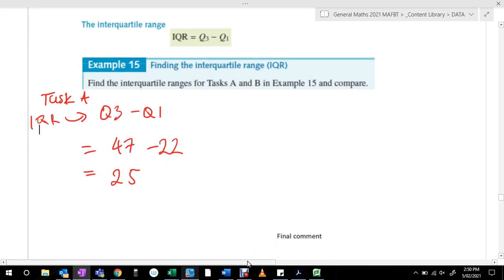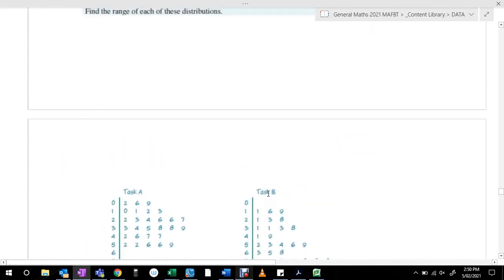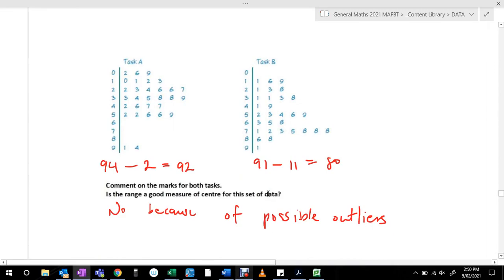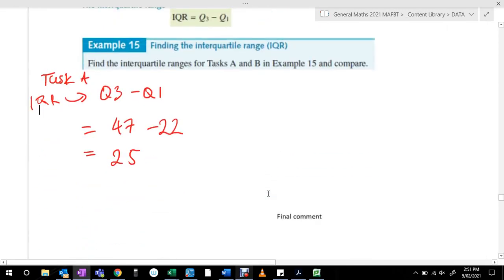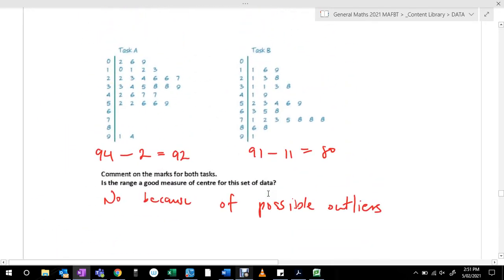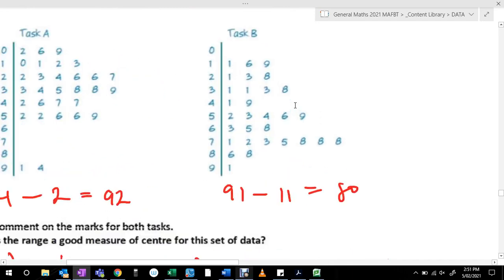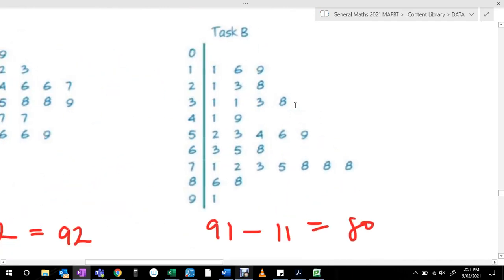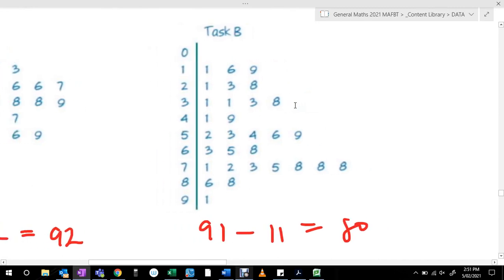Okay, now we're going to go the long way and figure out task B without using the calculator. What we're going to do is now find the IQR for task B. Now, this takes a little bit longer because we have to do it by hand, but I'd like you to learn how to do it by hand so you can actually do it yourself.